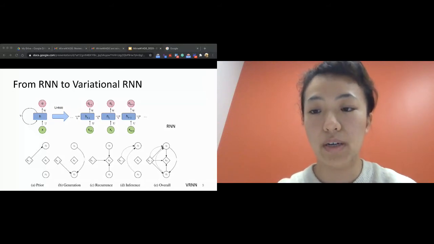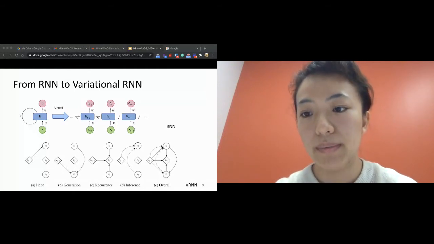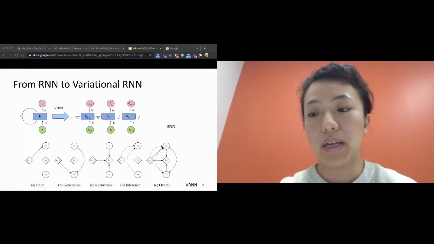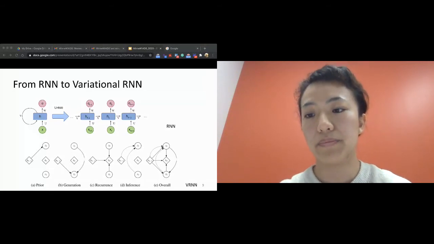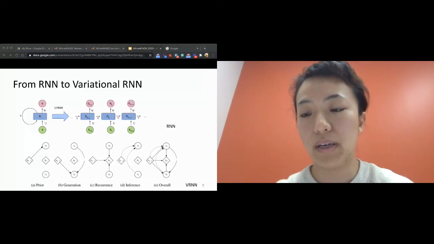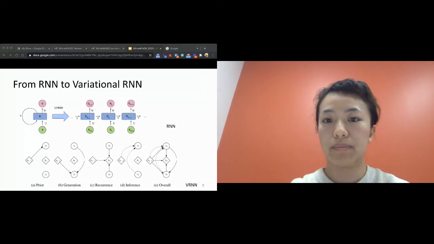Then we have the recurrence relation like we had in the regular recurrent neural network. Here, the hidden state not only depends upon the current input and the previous hidden state, but also the current latent state. And in the end, we have the posterior inference of Z, which is dependent upon X and the previous hidden state.